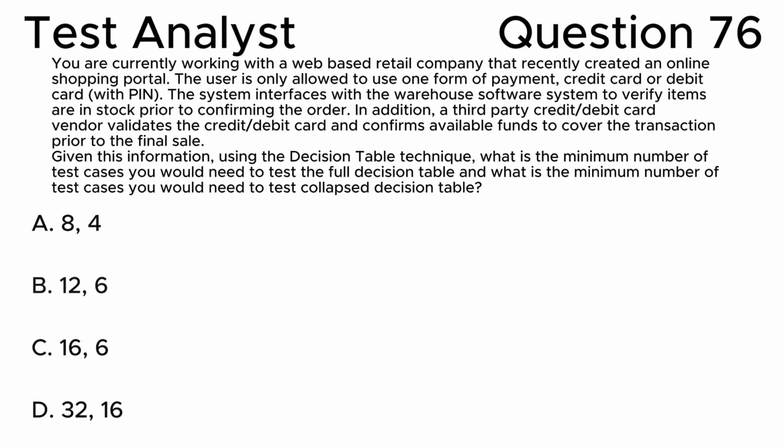Given this information, using the decision table technique, what is the minimum number of test cases you would need to test the full decision table, and what is the minimum number of test cases you would need to test the collapsed decision table? A. 8, 4. B. 12, 6. C. 16, 6. D. 32, 16.